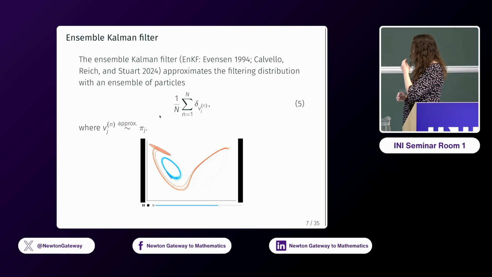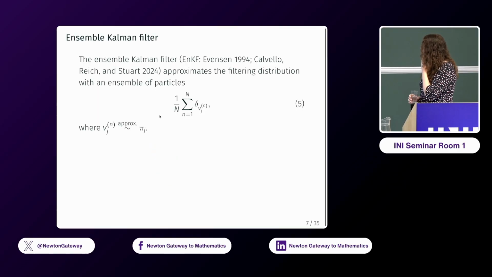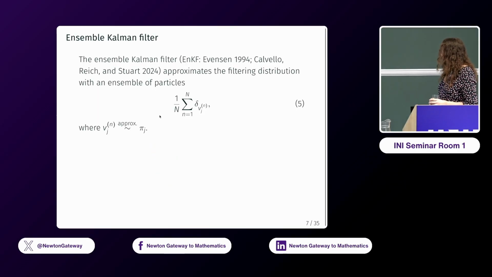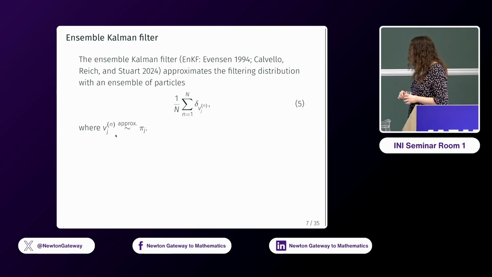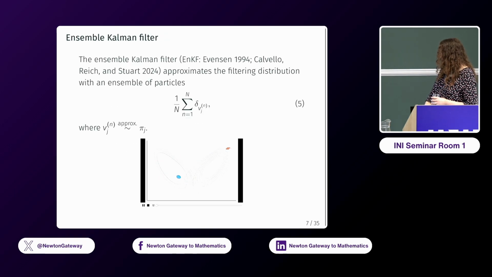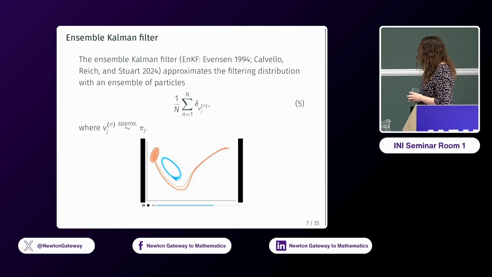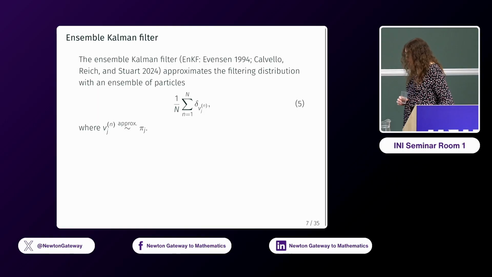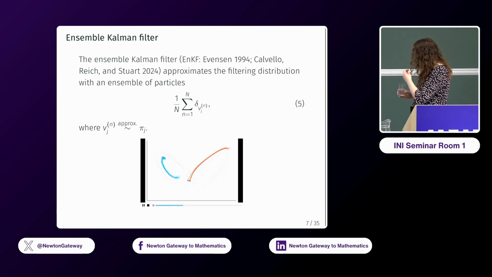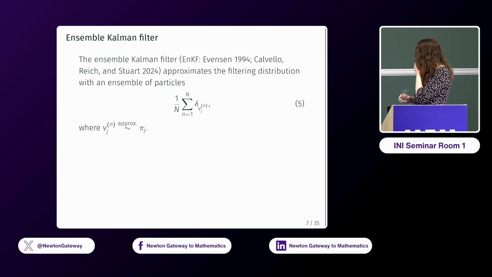Okay, so I'll be talking about ensemble methods. And what these do is approximate the filtering distribution with an ensemble of particles. So we'll have this sum of Dirac delta functions where we assume each of these particles are approximately drawn from the filtering distribution. And I'll write down what the update is to get that, but essentially what you can see, this is just showing an ensemble in this Toy-Lorentz example from before.